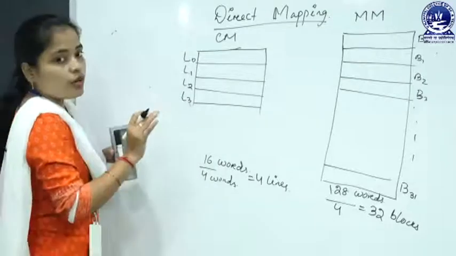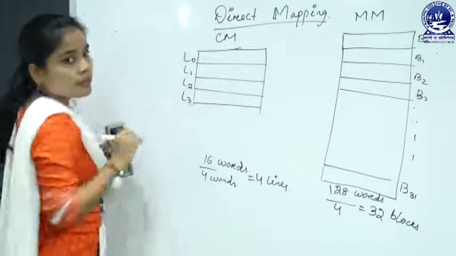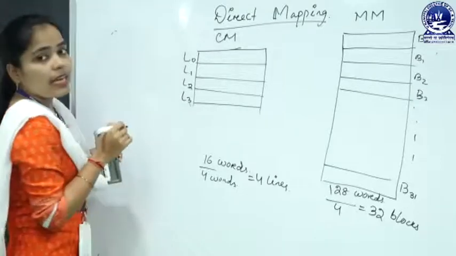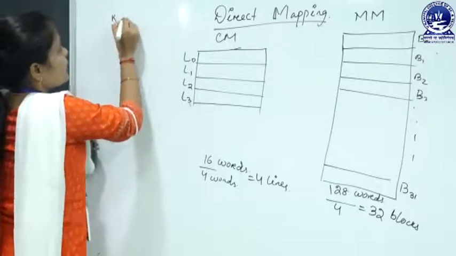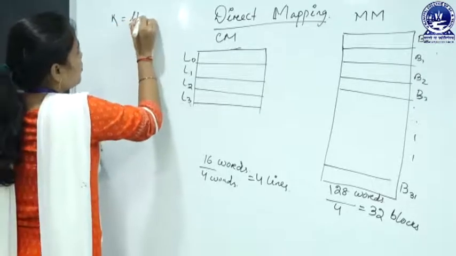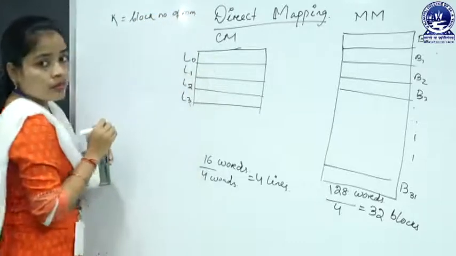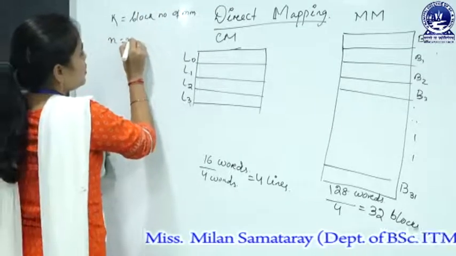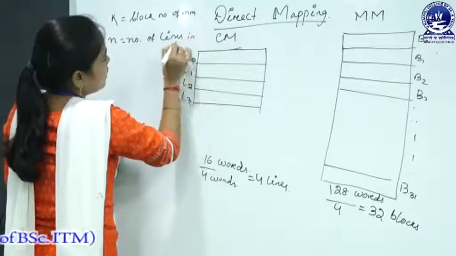There is a formula called K mod N. Let L equal K mod N, where K is the block number of main memory and N is the number of lines in cache memory.